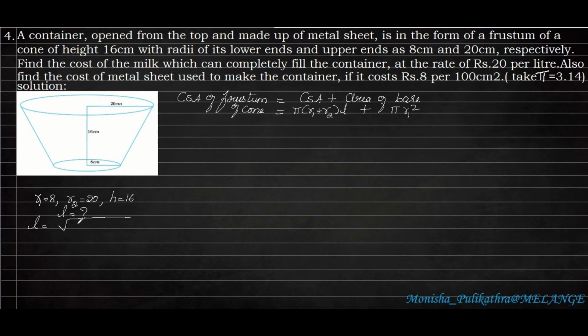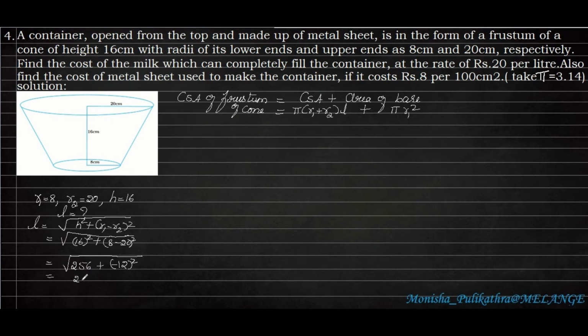L is equal to square root of h square plus R1 minus R2 whole square. So L is square root of h is 16, so 16 square plus R1 is 8 minus 20 whole square. 16 square is 256 plus 8 minus 20 is minus 12 whole square.